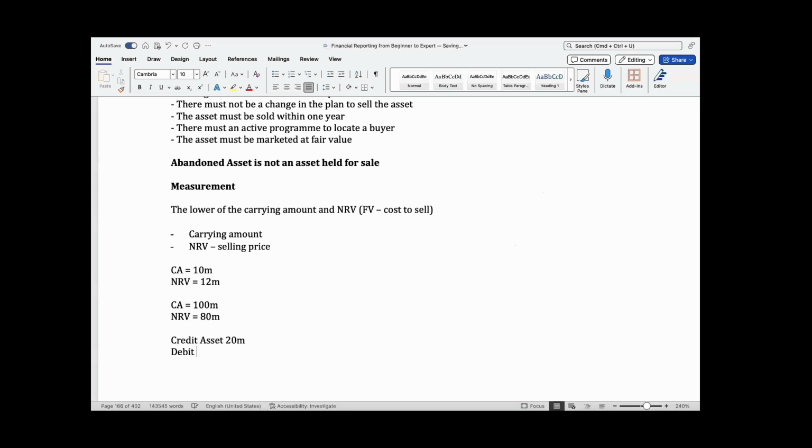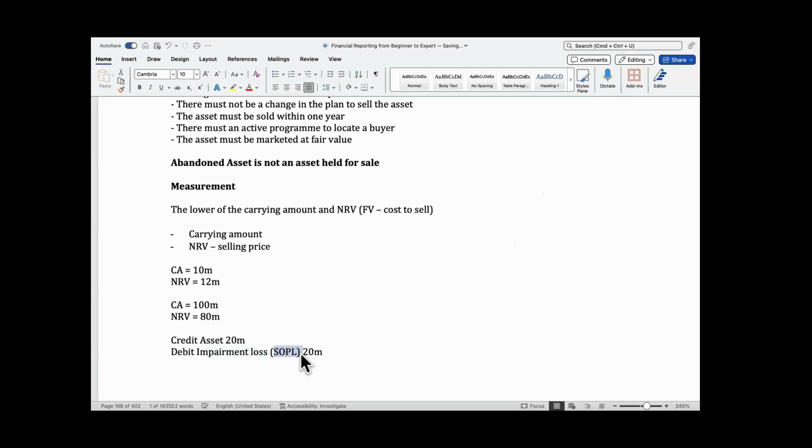Who can tell me what we will debit? Can anybody tell me what we will debit? In this case, that's an impairment loss. You debit impairment loss to P&L. Please take note, this is the most important thing in measurements here.